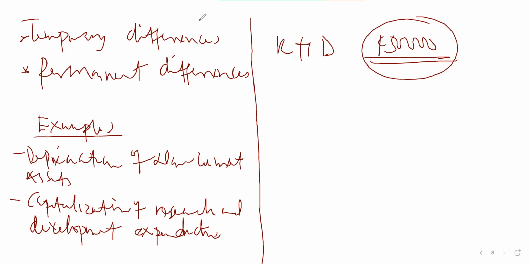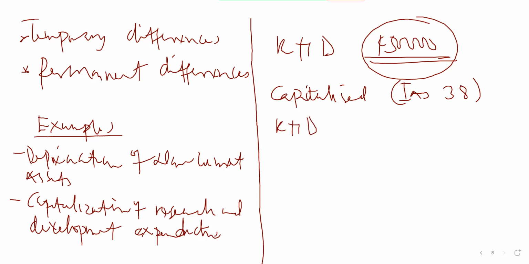What the company is doing is that the company will capitalize the research and development expenditure in accordance with IAS 38 intangibles. So when they realize that the research and development expenditure is going to generate future cash flows, the company can actually get something from it. They will capitalize the 50,000 and decide to amortize it over 5 years.